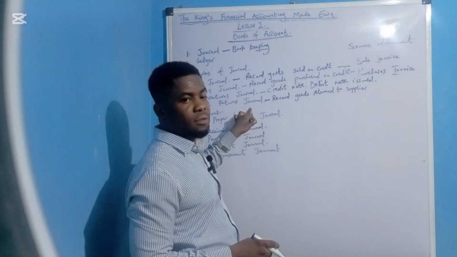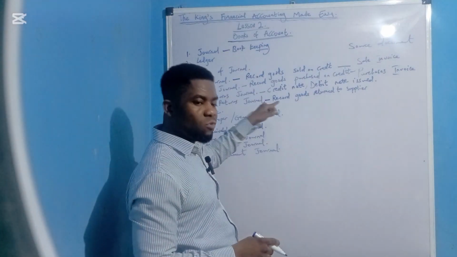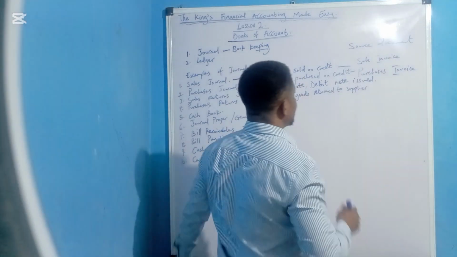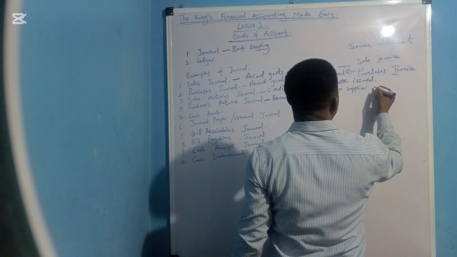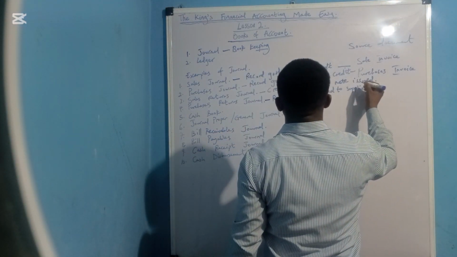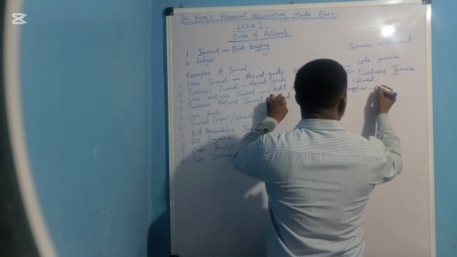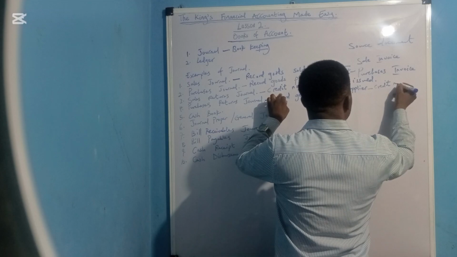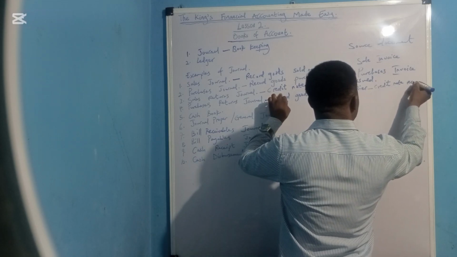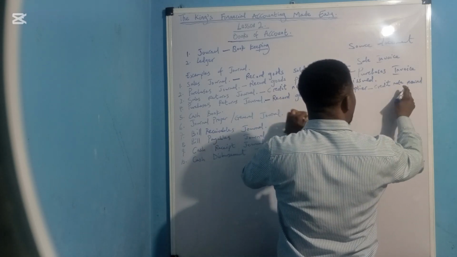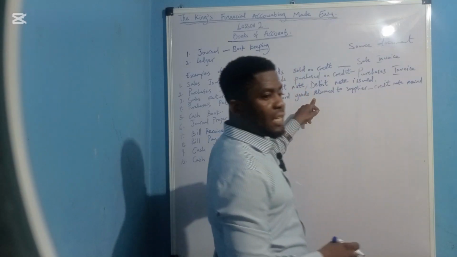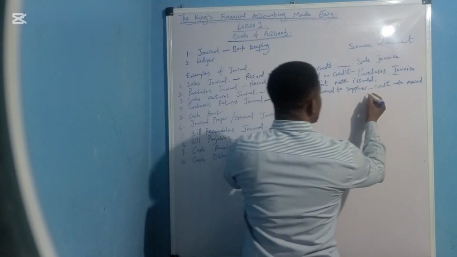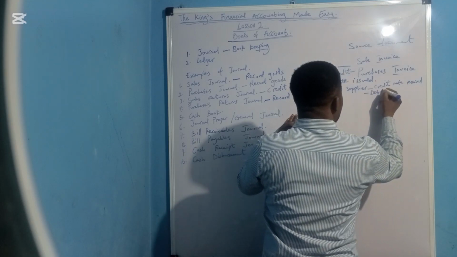But the purchases returns journal, which is also the same thing as the return outwards journal, or you can call it the return outward daybook, is used to record goods returned to supplier. This one too has source documents: credit notes received. That is if your supplier has overcharged you, he's going to send you a credit note, and you receive a credit note. The same thing applies to debit notes.